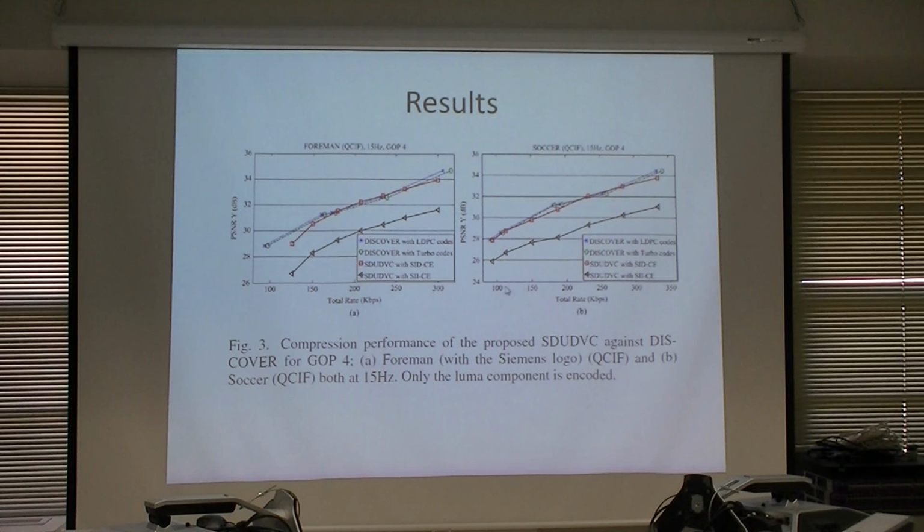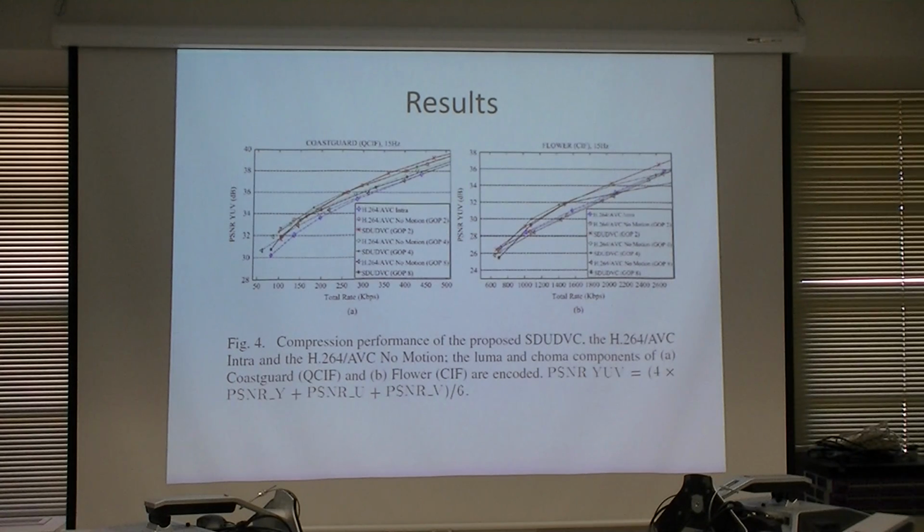So this result reveals that the proposed algorithm depends heavily on the side information dependent channel estimation. And this result compares the proposed algorithm with the H.264 intra codec, and it also shows comparable or superior performance.